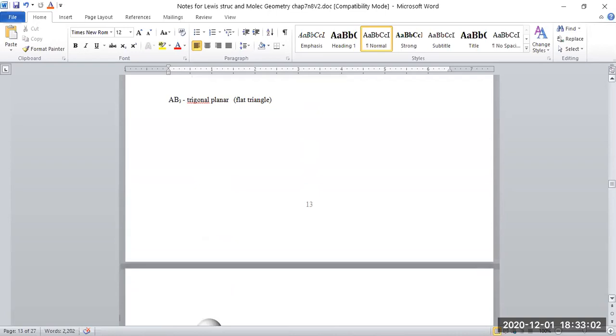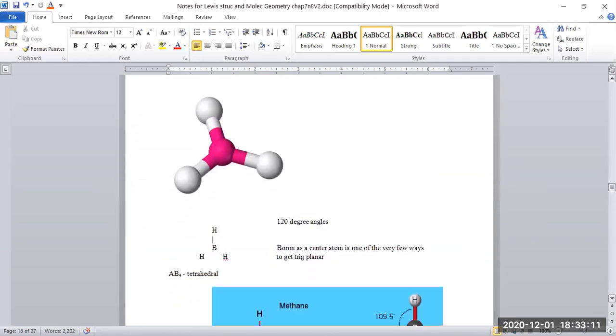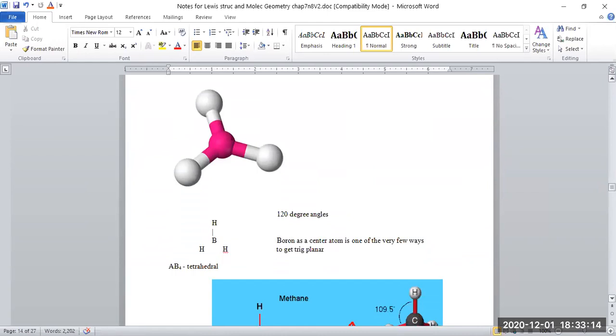Trigonal planar, because if you draw it out and look at the way it's shaped, it's kind of a flat triangle. Back to the boron. Boron, remember, is happy with just 3 bonds and no leftovers. There's not very many ways to get trigonal planar molecules. Putting boron in the middle is the most common way.